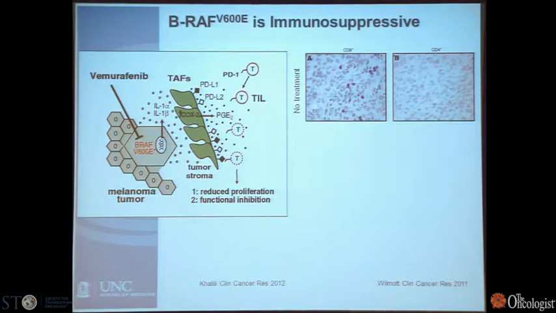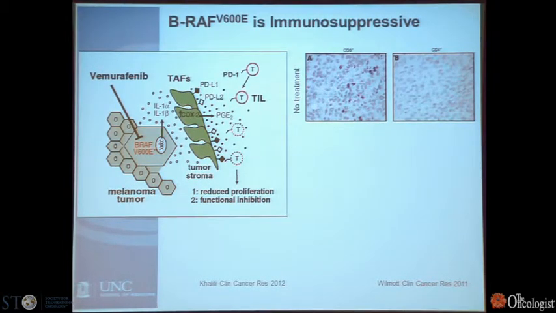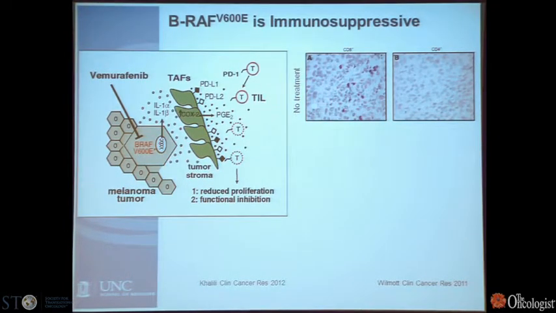The B-RAF mutation produces a number of cytokines that basically dictate the adjacent stroma cells, the tumor-associated fibroblasts, to upregulate immunosuppressive factors such as PD-1 or PD-L1, such that these factors, when they come in contact with T cells that are trying to infiltrate the tumor, either force those immune cells to not proliferate much, not become active, and basically be functionally inhibited.